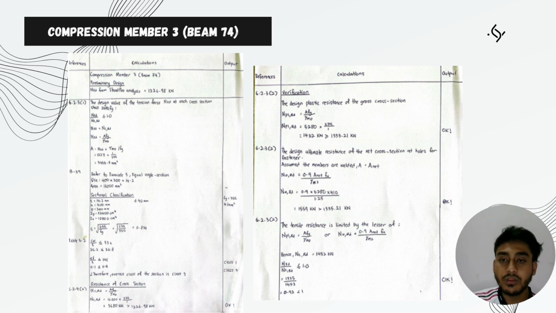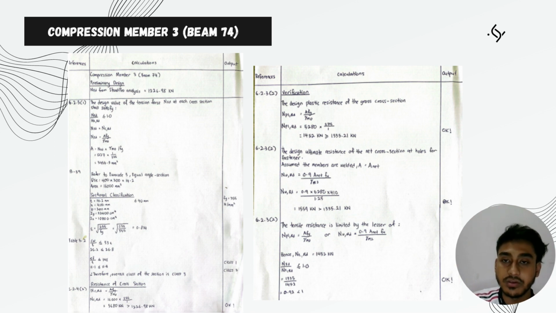Then we calculate the resistance of cross section, and we get the result of NCRD more than 1226.68 from the STAAD Pro. So the result is okay.